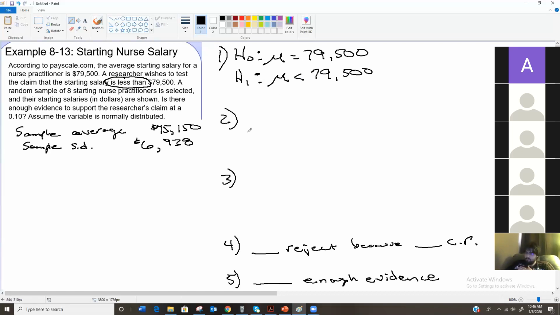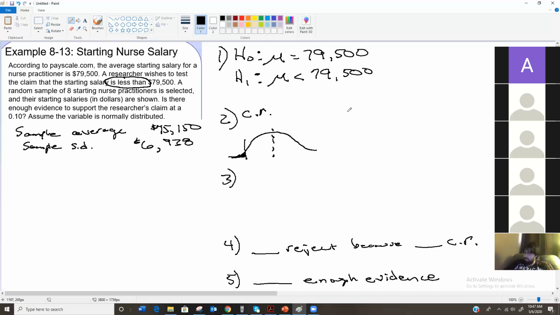And then for step 2, we want to find our critical region. And so we're going to look for a critical region down here because it's only less than. And what else do we need to know?